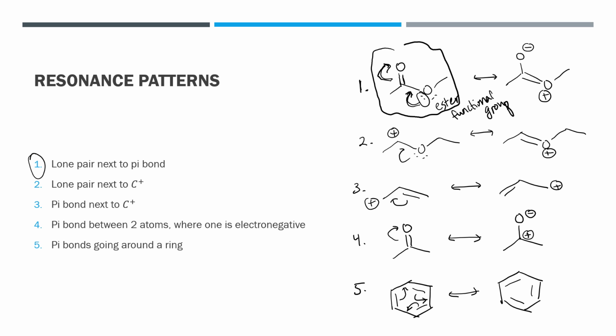So you can see we recognize there's a lone pair and a pi bond next to each other, and we can automatically apply this way of pushing electrons to find the next resonance structure. You should remember that this is basically exactly what we did with our amide resonance structure. If I just redraw it, we had something that looks like this.